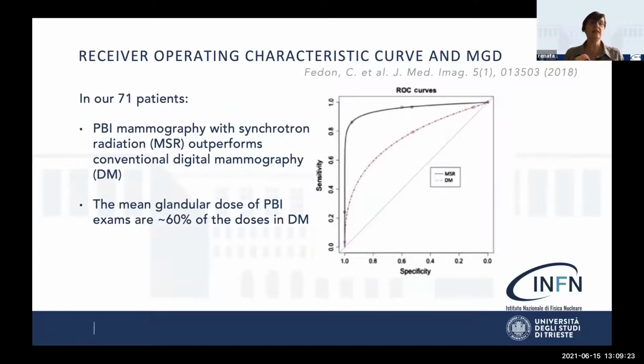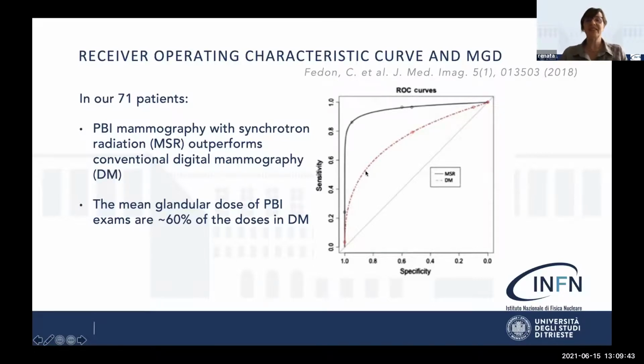Moreover, our study included 71 patients, and we calculated the receiver operating characteristic curve in order to compare mammography with synchrotron radiation and digital mammography, and you see that the result of propagation-based imaging is much, much better.